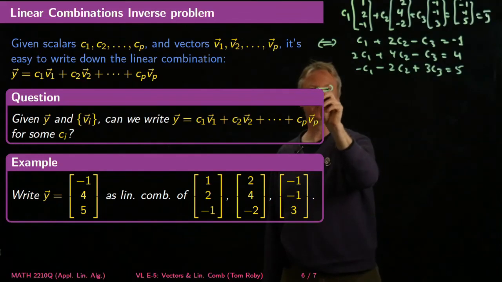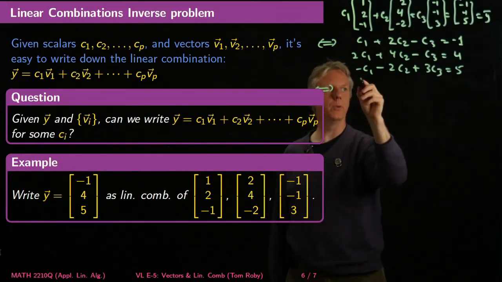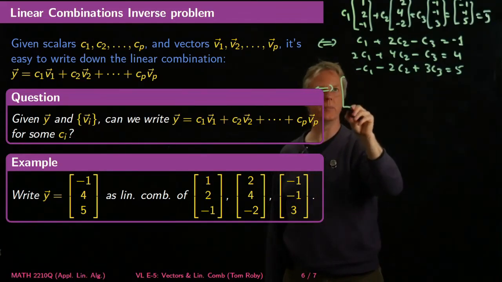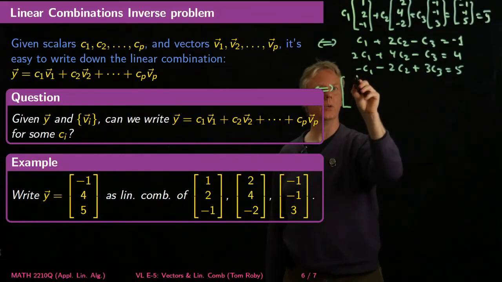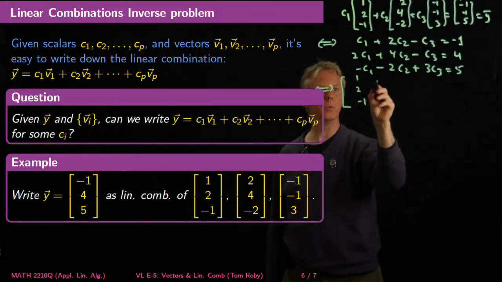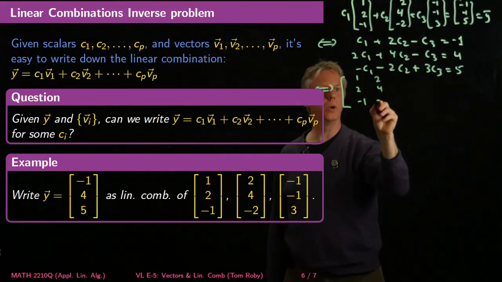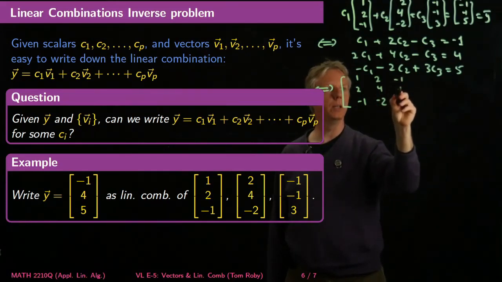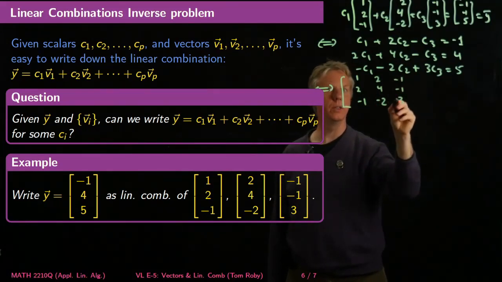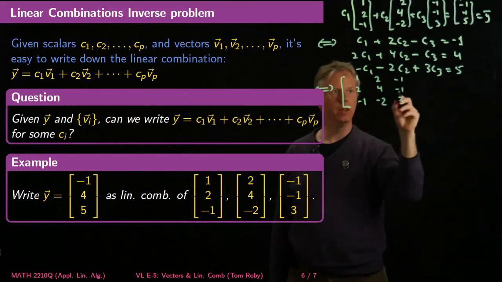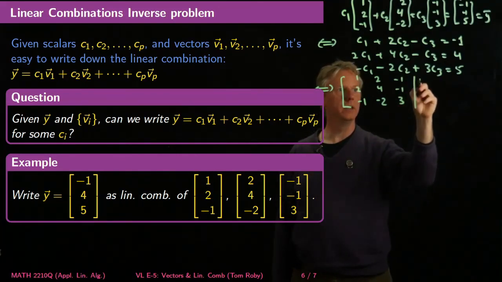All right, but now we're back to just thinking about what I'm really trying to do, which is deal with this augmented matrix: 1, 2, -1, 2, 4, -2, -1, -1, 3, augmented with -1, 4, 5.